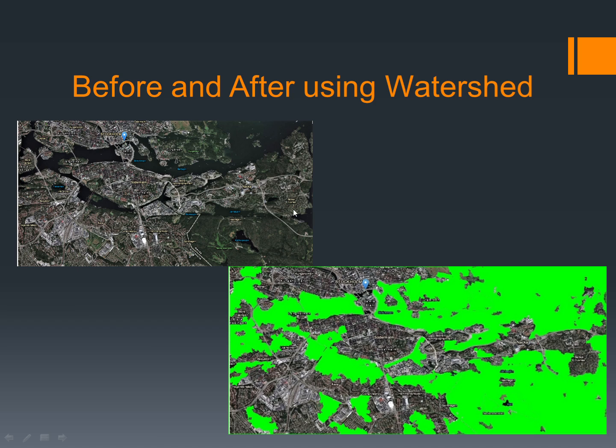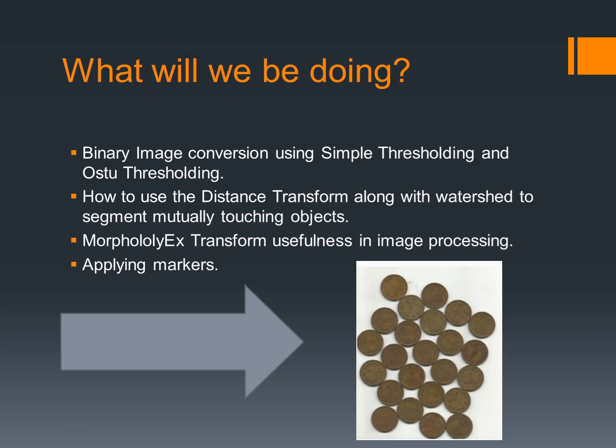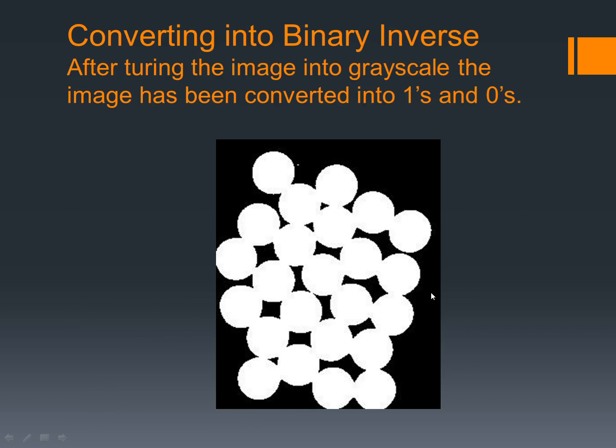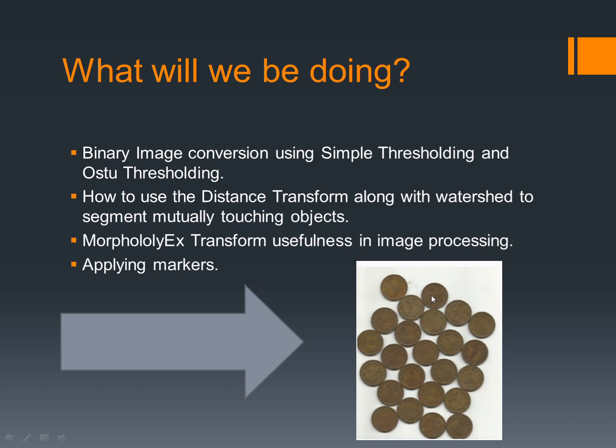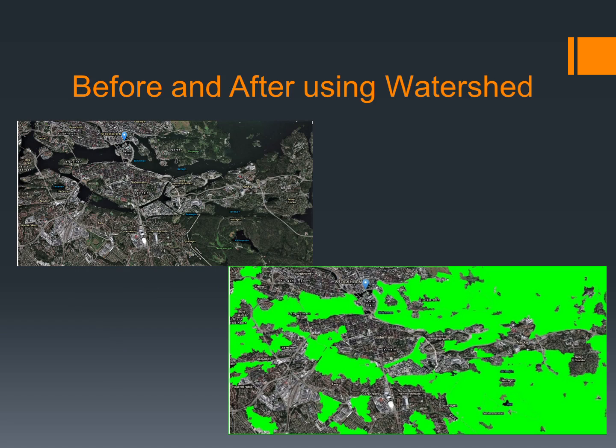In this case, as explained earlier, this white portion was the background and this became the object, since the threshold value of this was less and this was more. Similarly, the threshold value of this was less, so that became the object, and these became the background.